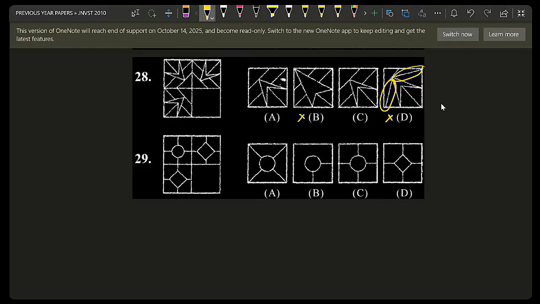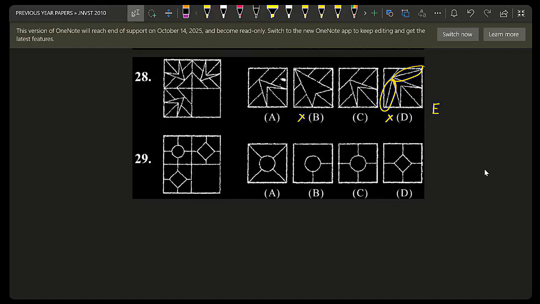Then we go with E for this because more than one answer is correct. A and C both are matching here. And 29. Chidrupa, you do one thing. Whichever questions we are marking E, just note down in the book.